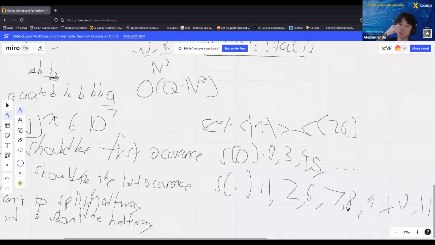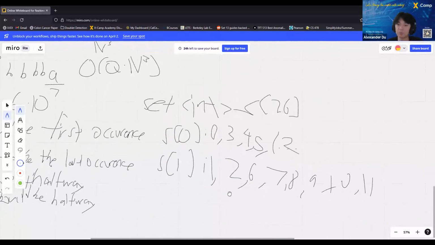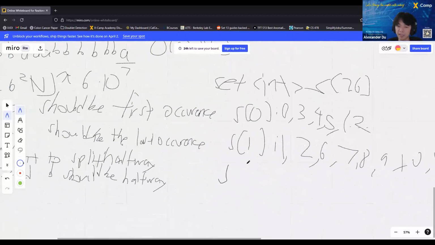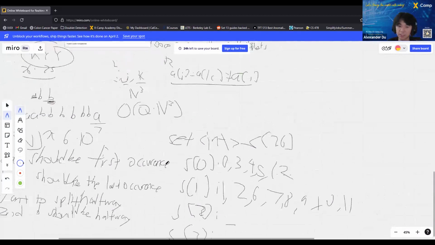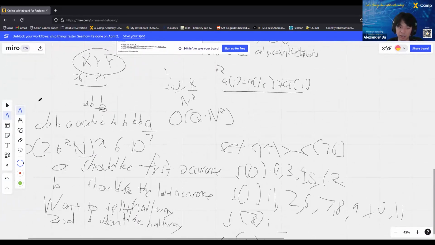This stores the index, so I guess this one was 12. Everything else is just blank, because there are no other occurrences. But basically, what this set is doing is storing the indexes of every single occurrence of the characters.